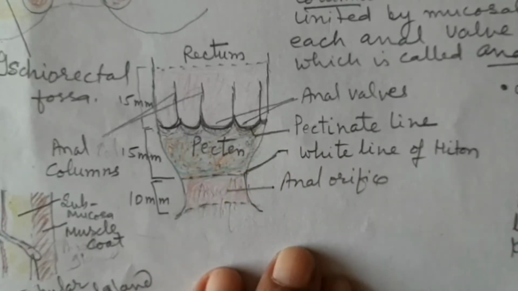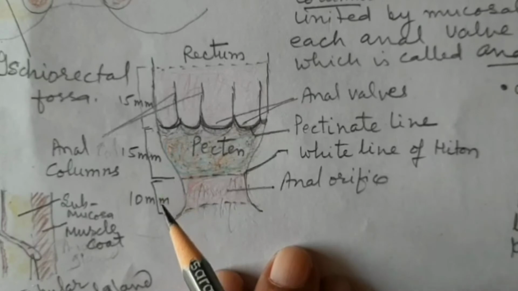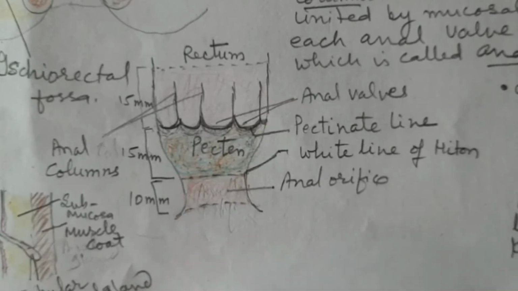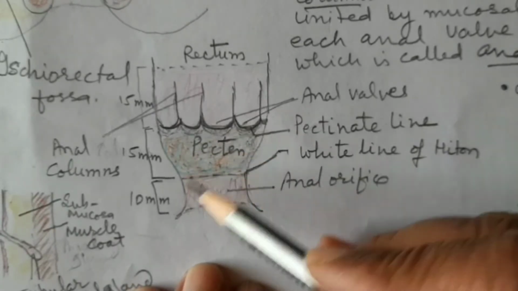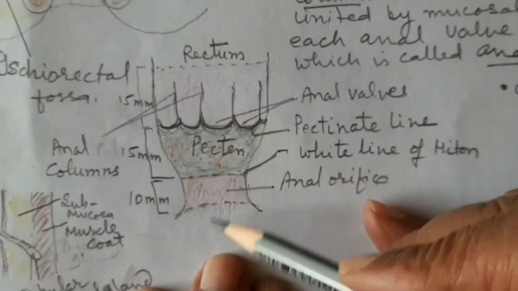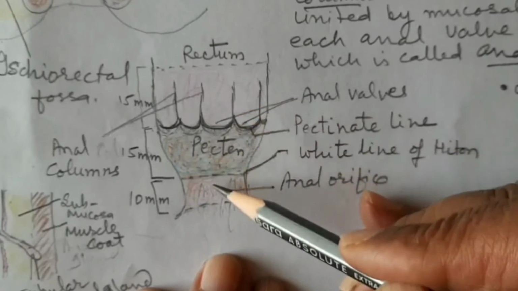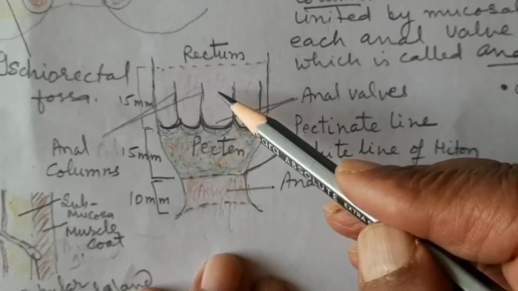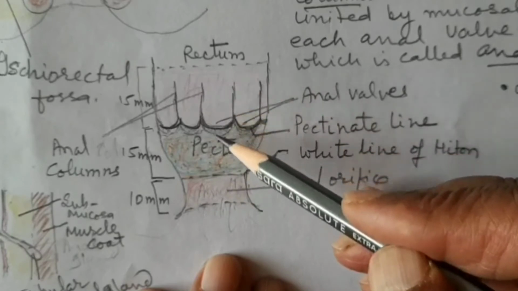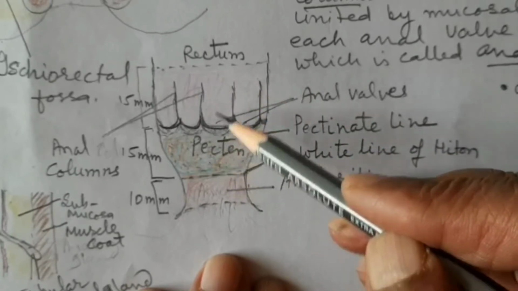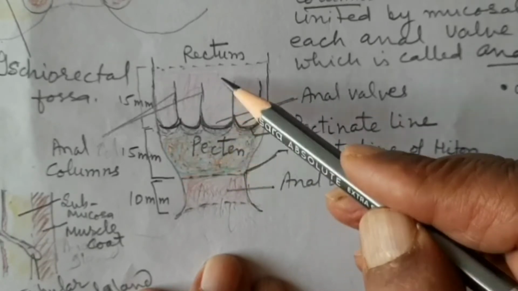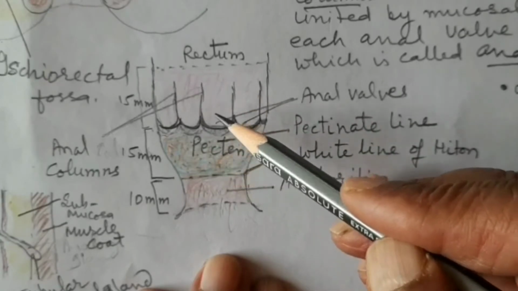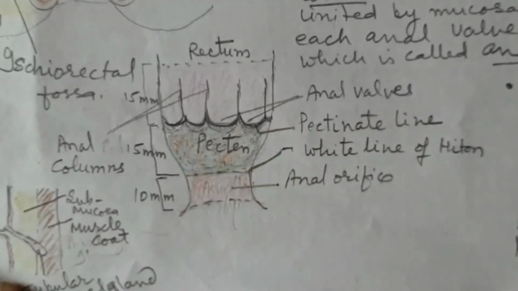Above each anal valve, there is a depression of the mucosa, which is called the anal sinus. Now, I have made a diagram passing through this anal valve. So in this longitudinal section, in the upper part as well as in the lower part, this is a vertical section, and we are seeing this vertical section from the side.